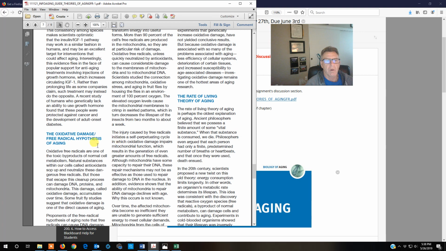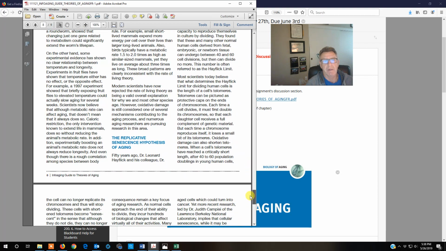Every time we breathe in oxygen and use it, there's a byproduct that's kind of like rust, this oxidation that tears up the DNA, it tears up proteins, tears up cell membranes, and so we have to repair that. And if you don't repair it, the damage accumulates over time. Okay, and that's what that's all about. And those animals that have more oxidative damage are shorter lived. And that's what the rate of living is all about.